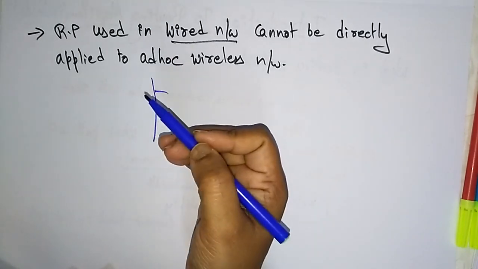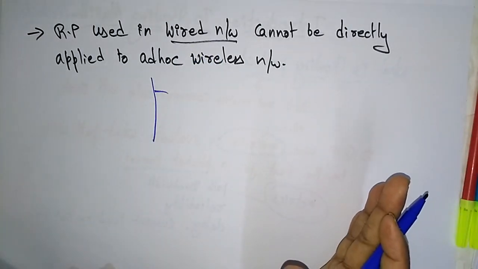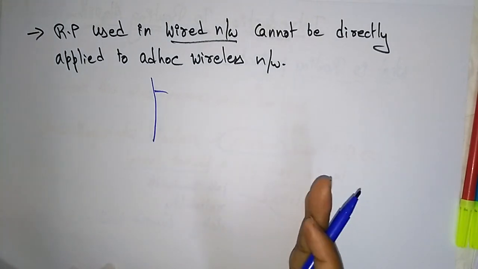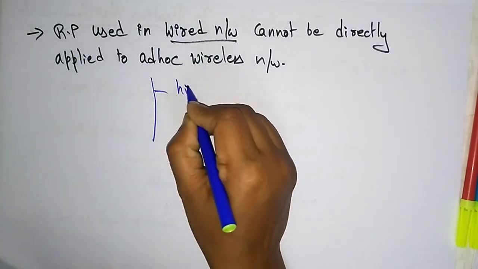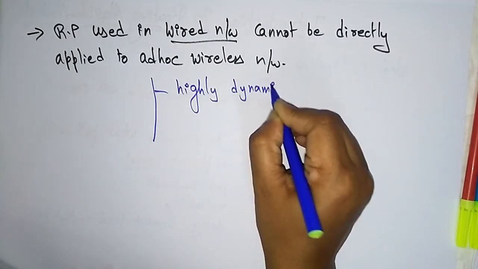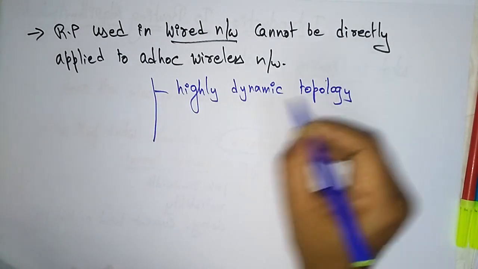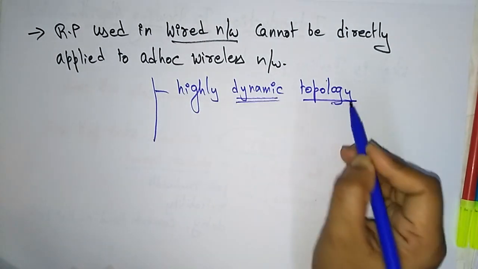The routing protocols used on the wired network cannot be directly applied to ad hoc wireless networks because ad hoc wireless networks have a highly dynamic topology. Ad hoc wireless means the topology will always be dynamic.